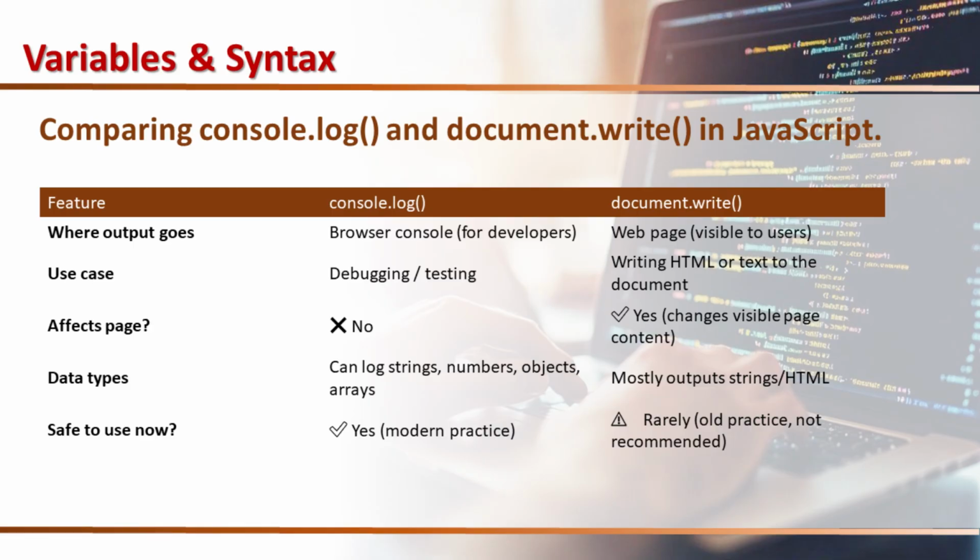Using console.log does not affect the visible content of the page, while document.write does. In terms of data types, console.log can display strings, numbers, objects, and arrays, while document.write mostly outputs strings or HTML. Finally, console.log is considered safe and modern practice, whereas document.write is rarely recommended in modern development.